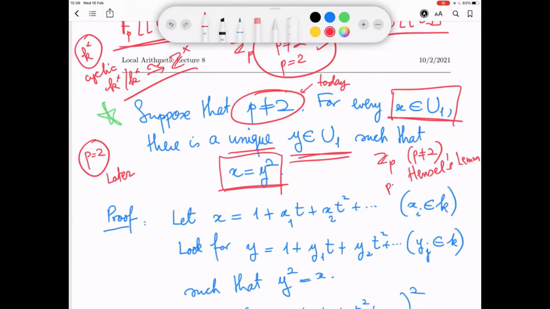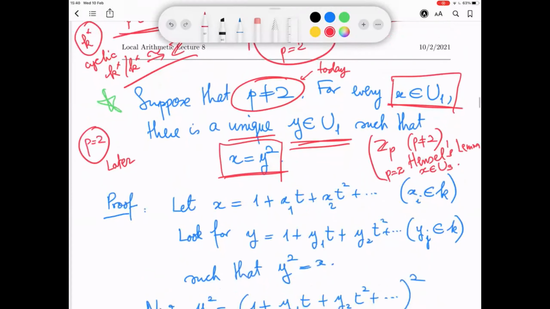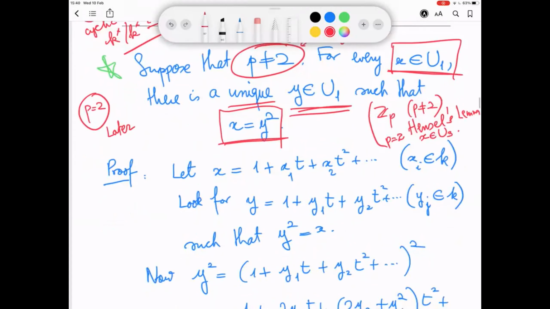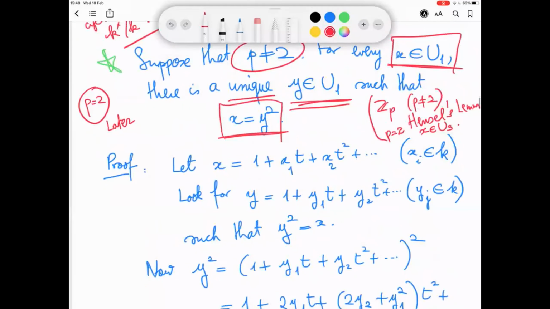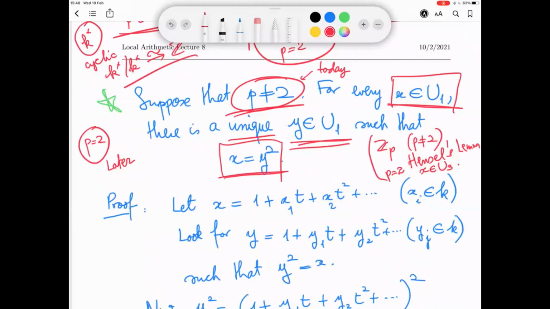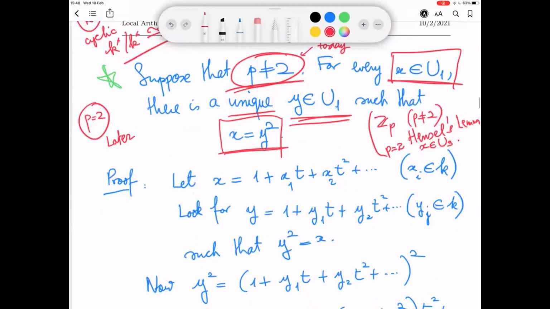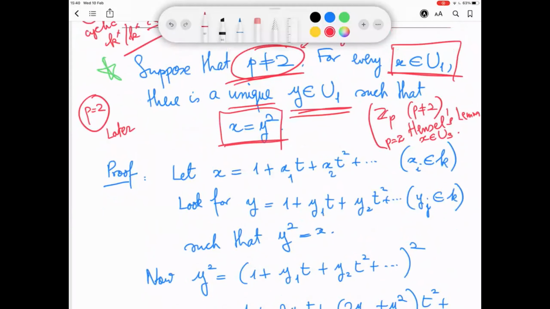And for p equal to 2, we did it for x in U3, not in U1. If x is in U3, then it's a square. I point out that difference. And that is why here also you are taking p to be different from 2, and you are saying that every x in U1 is a square.